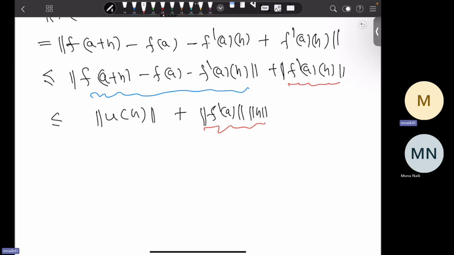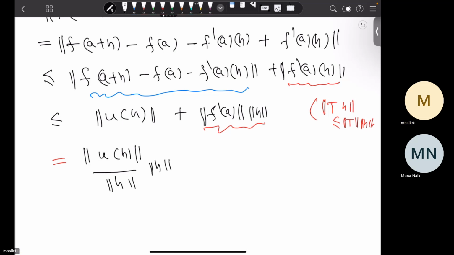Now I can write this. Here I am using the fact that if T is a linear operator, then the norm of T(h) is less than or equal to the norm of T times the norm of h. So this is really the norm of u(h) by norm h, into norm h, plus the norm of f prime(a) times the norm of h.